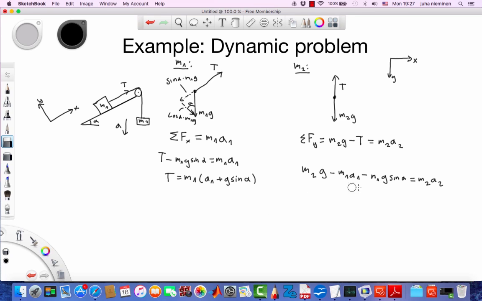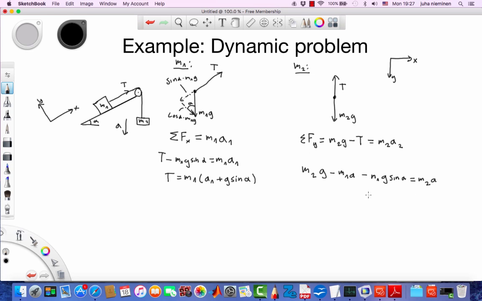Now, what about these subindices a1 and a2? a1 is the acceleration of mass 1 and a2 is the acceleration of mass 2. But because they are tied by this tight rope and they will be moving in unison, this acceleration must be the same in magnitude, although they are different in direction. That doesn't matter because we are just playing with the magnitudes in this expression.